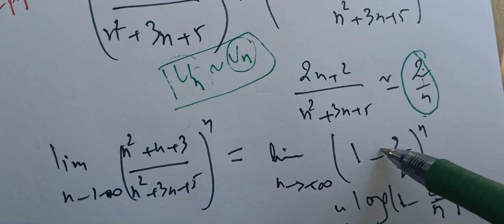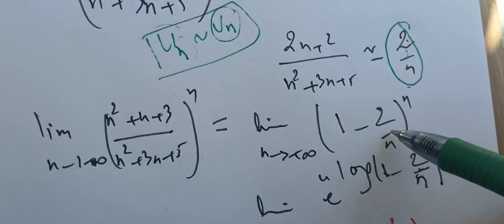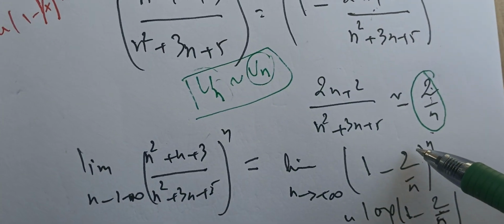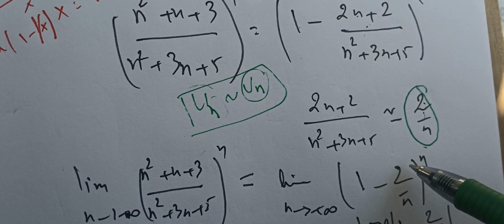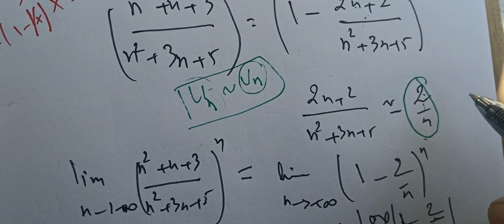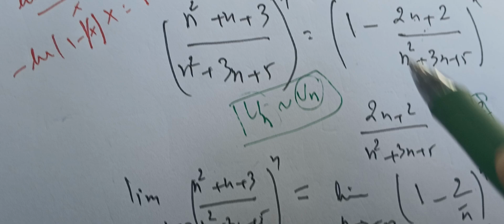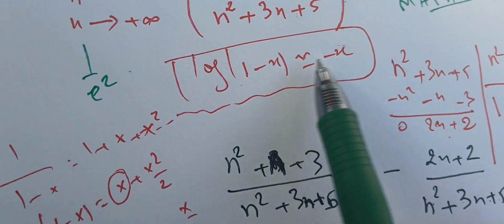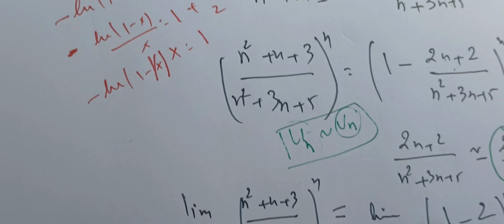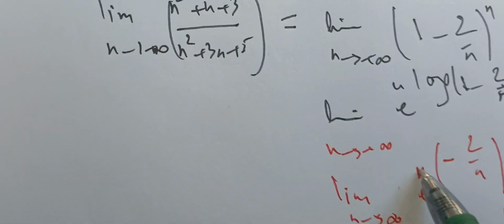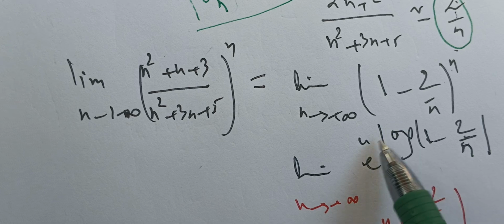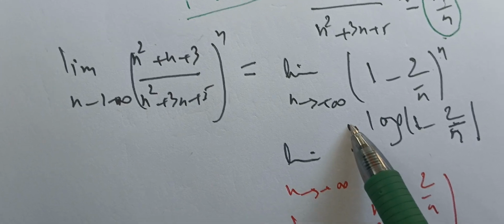After that we use that the log of 1 minus 1 over x is just minus this quantity here, minus this x. So it's going to give us minus 2 over n, and with the n that we have here in the exponent, we're going to get n.